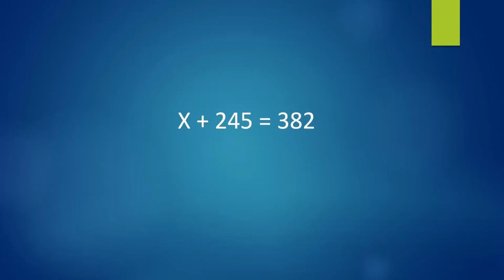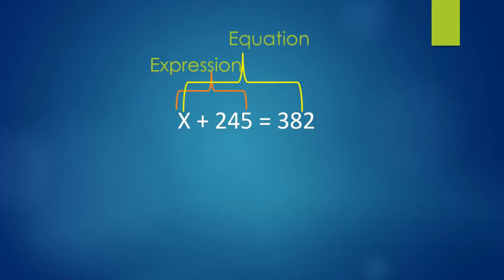We will write a variable or a missing letter like x: 245 plus x equals 382. If I have x plus 245, that is an expression. We call x plus 245 an expression. But x plus 245 equals 382, we call an equation.